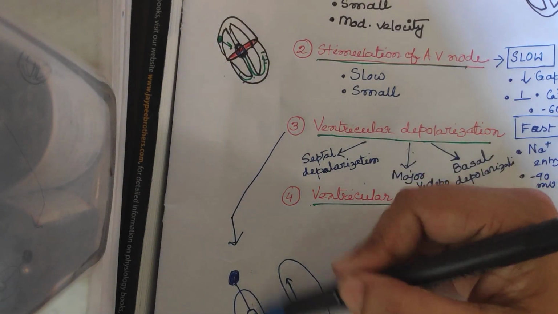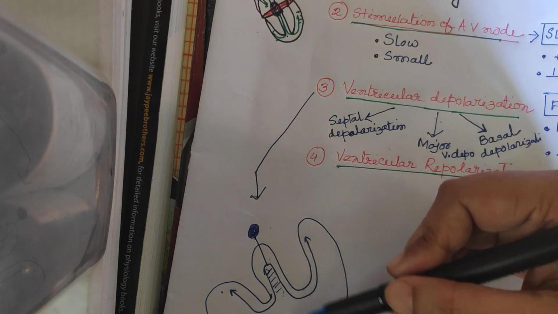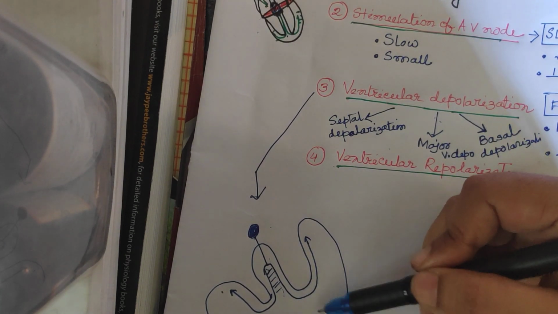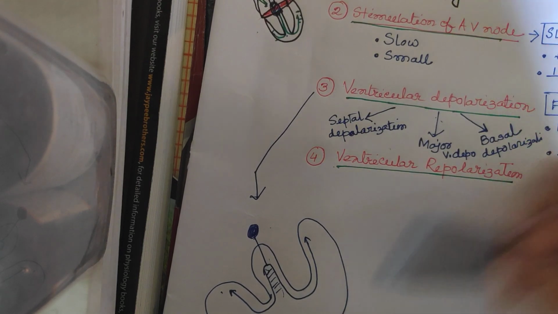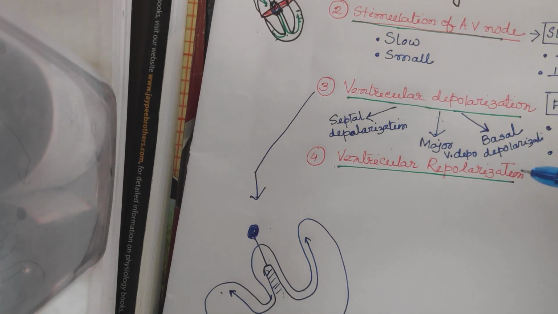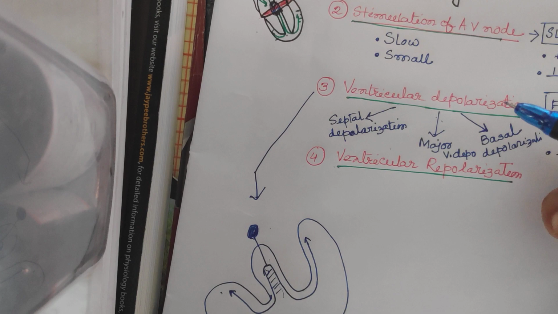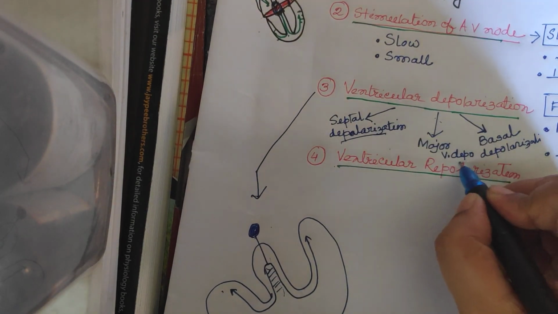One is septal depolarization, which will give a separate kind of vector, and the major ventricular depolarization, which will give rise to another kind of vector, and the basal depolarization will generate some other type of electrical vector. So now we want to see what are the different types of vectors they are going to produce.